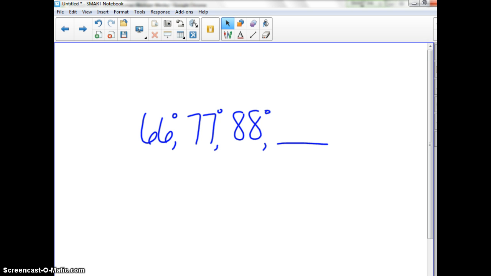Find the missing angle. 66 degrees, 77 degrees, 88 degrees.